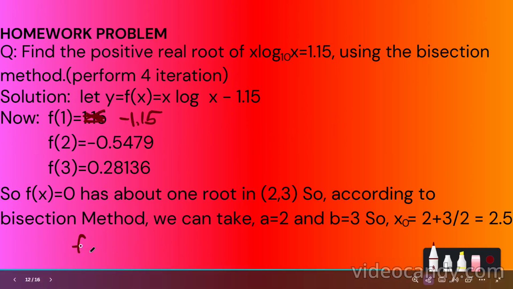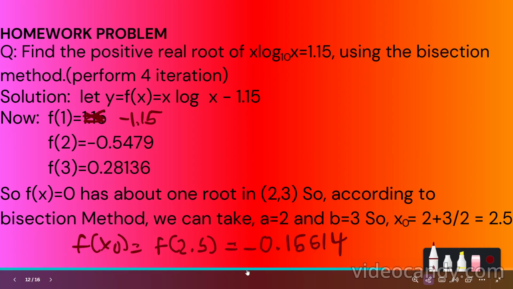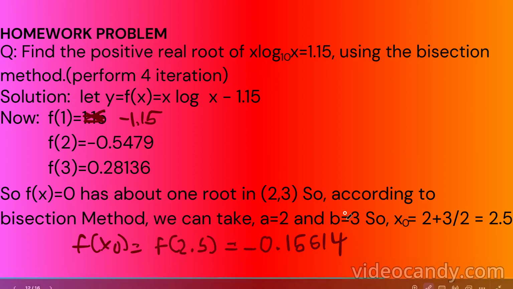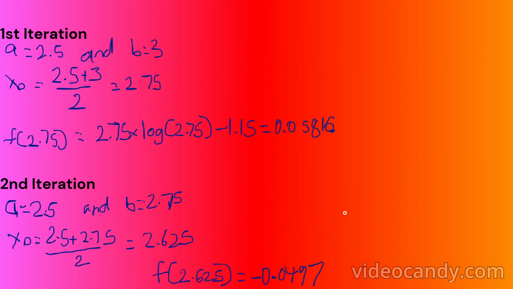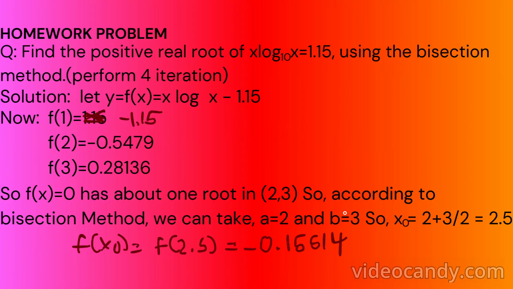So for f at x0, f(2.5) equal to negative 0.15514. So to get this answer for this example of the bisection method equation, please take note certainly of this one.